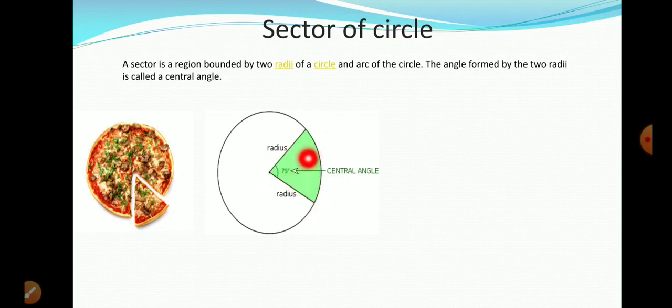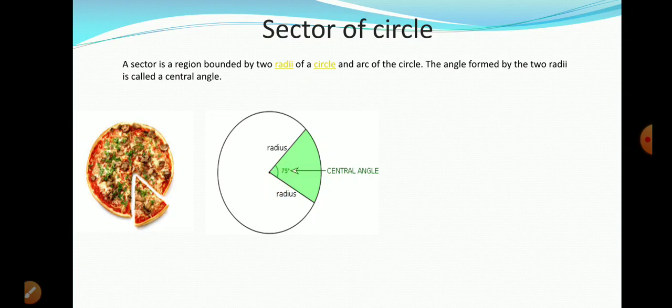This is minor sector of circle, and this is center angle of this sector. The size of sector depends upon center angle. Larger is the center angle, larger is the area of the sector. Smaller is the central angle, smaller is the size of the sector.